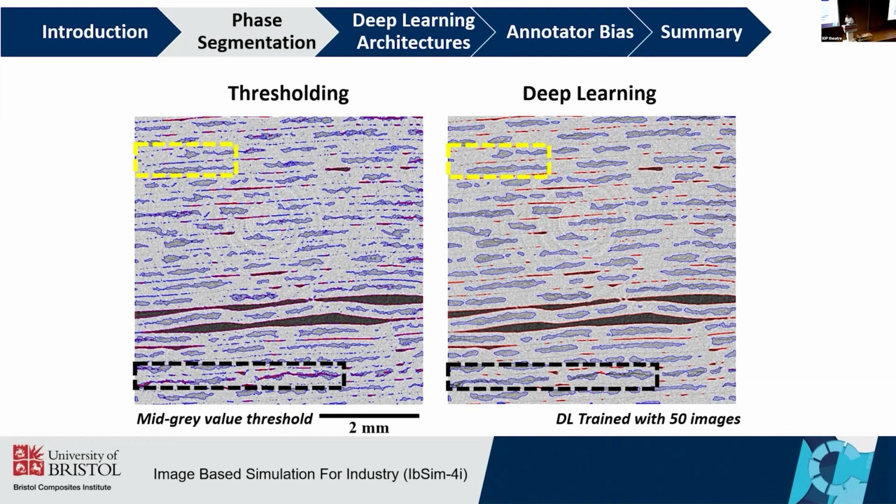And why is this happening? This happens because deep learning does not only take into account the gray values, but it also considers context, such as what is surrounding this specific pixel. It is able to acknowledge basic concepts such as corners, edges, etc. And as a result, it's able to better segment phases compared to thresholding in this particular application.